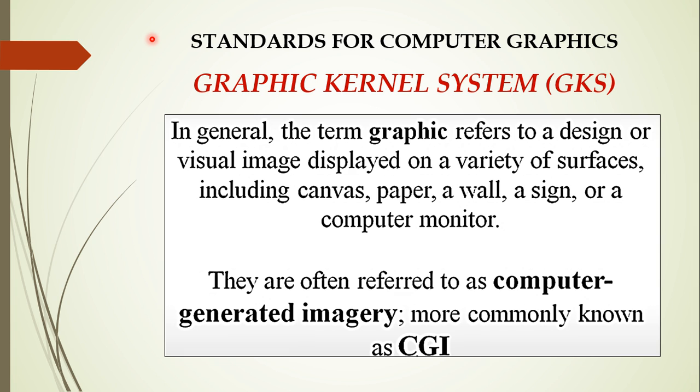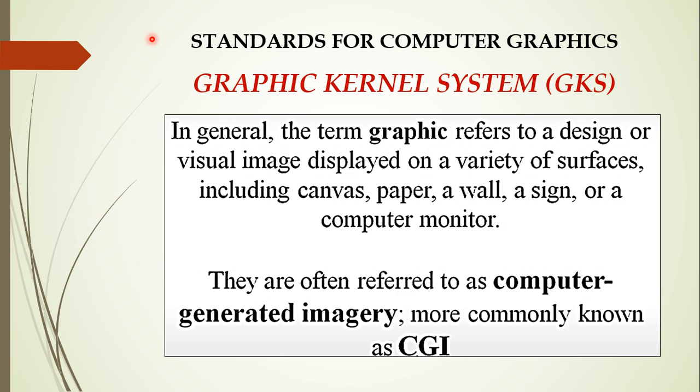We all know what graphics actually means. Graphics means drawing. These drawings could be made on anything. It could be made on paper. It could be made on glass. It could be made on a screen. It could be made on a wall. All these things, certain images, a group of images, are referred to as graphics.